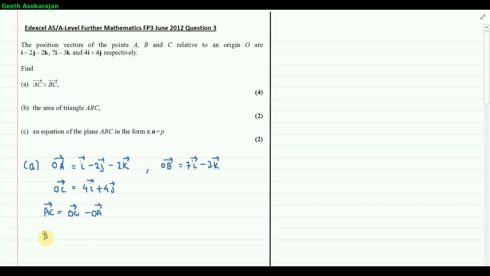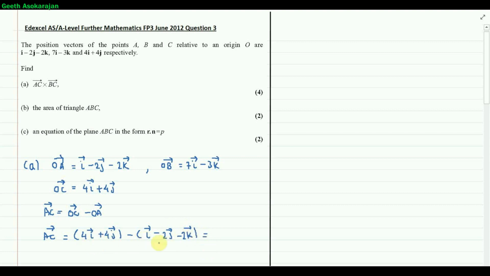So AC is equal to OC, which is 4i plus 4j, minus OA, which is i minus 2j minus 2k.